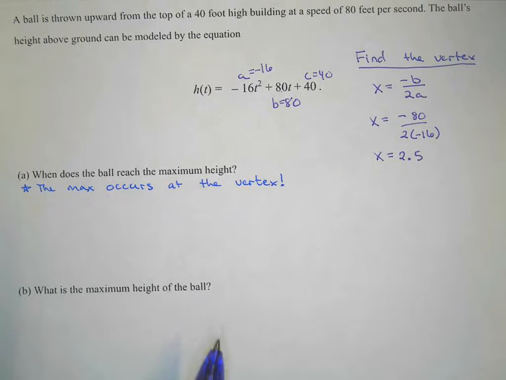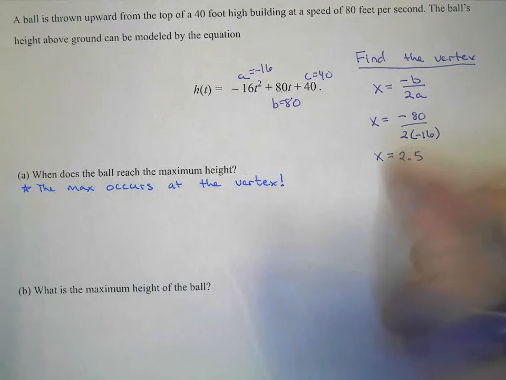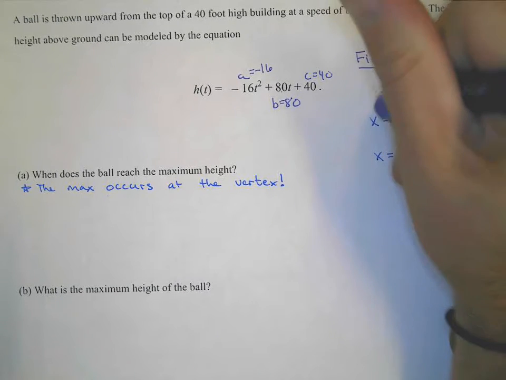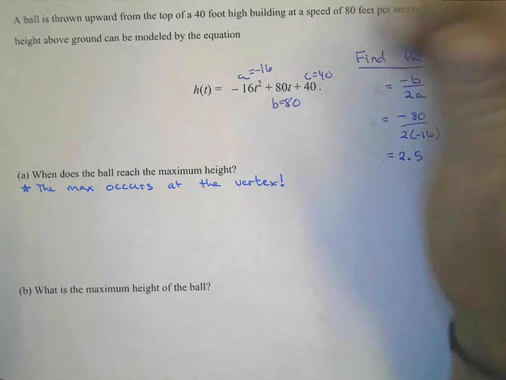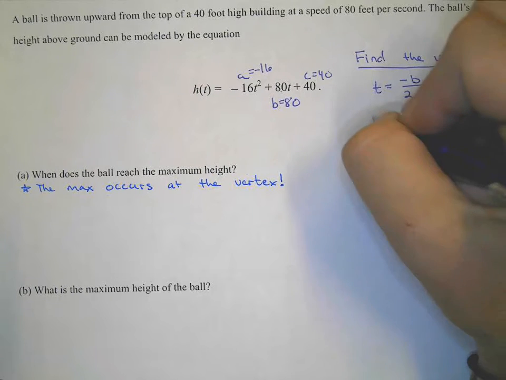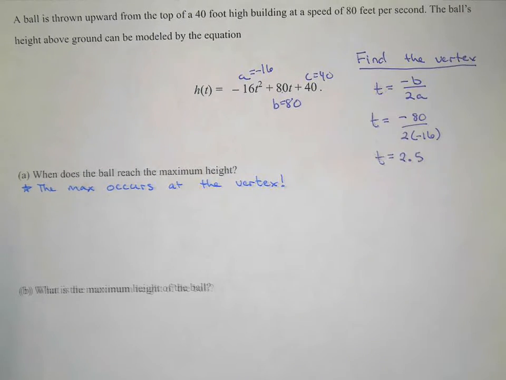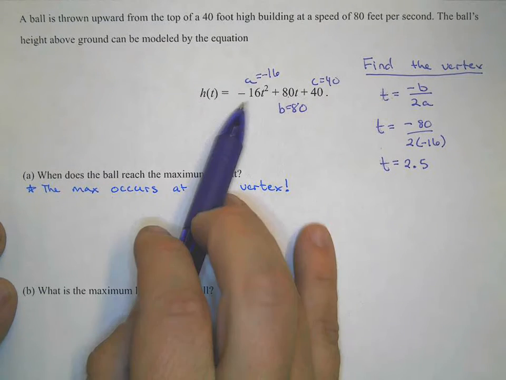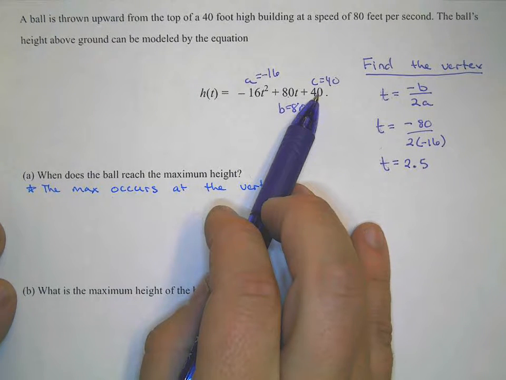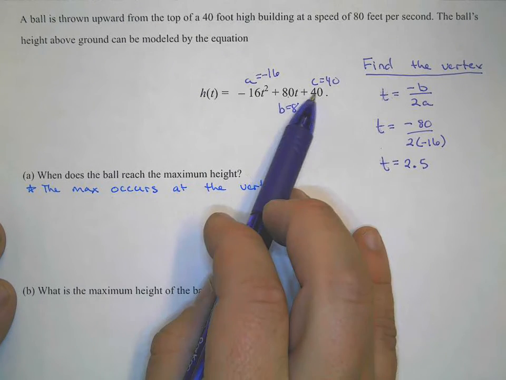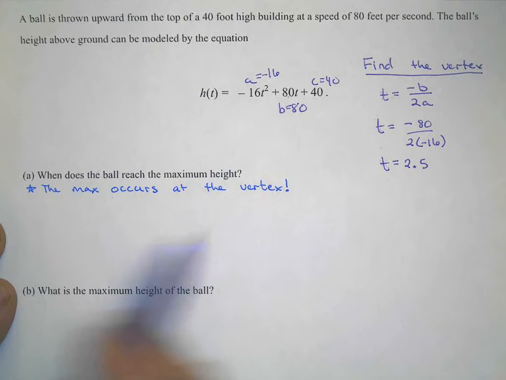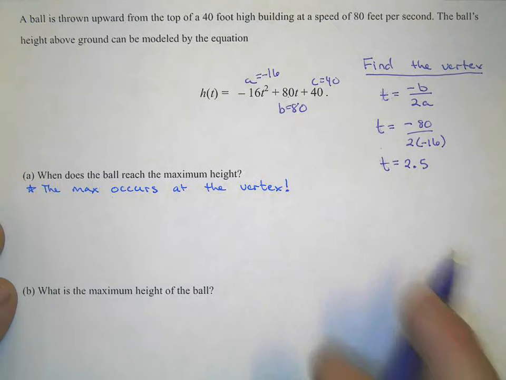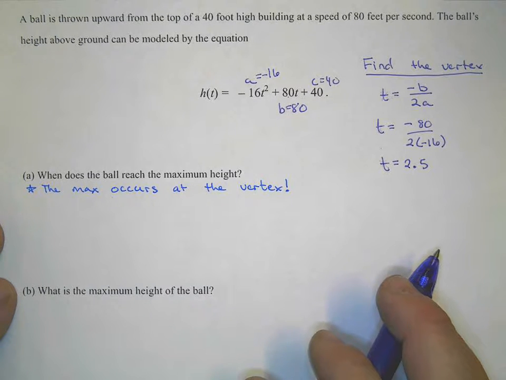So this gives me the x coordinate. I guess we're in t, so let's call it the t coordinate. Now I'll plug my t value into my equation, and then solve, and I'll get the other coordinate of my vertex.